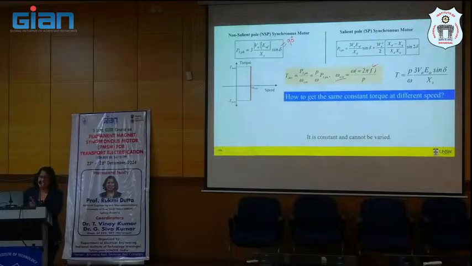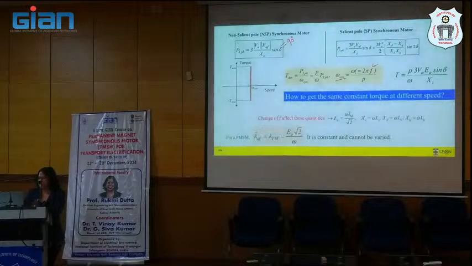Now if I change frequency, let's look at this classic equation. If I change frequency alone, what is going to happen? If I only change frequency to get different speed, what will happen? Your synchronous reactance XS, or XD, is also going to change, right?